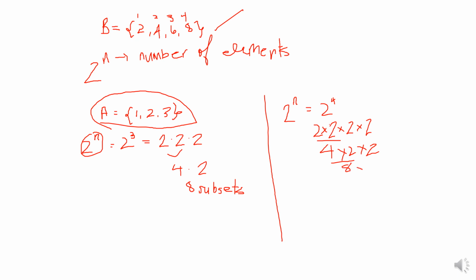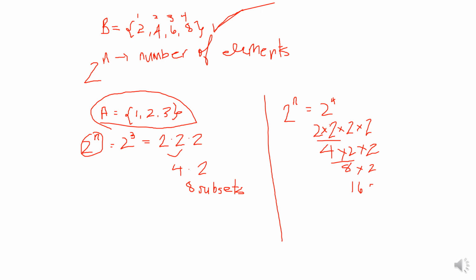And 8 times 2 is 16. So we can say that this set B has 16 subsets.